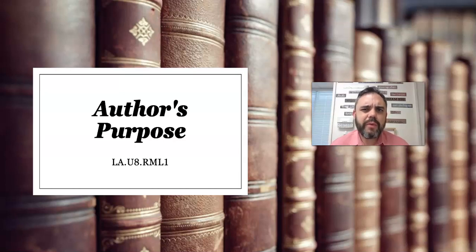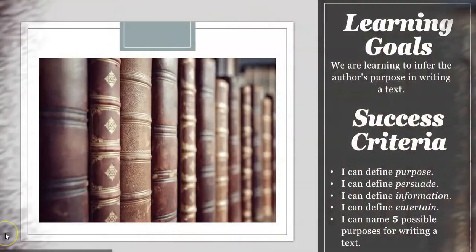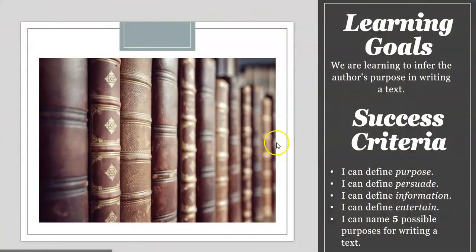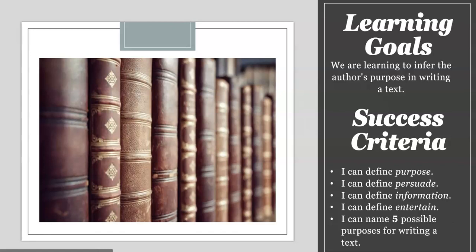Let's try to figure out where we're headed with this author's purpose lesson so we know and we can celebrate some success today. Today we are learning to infer the author's purpose in writing a text. You know you've got it when you can say a couple of I can statements.